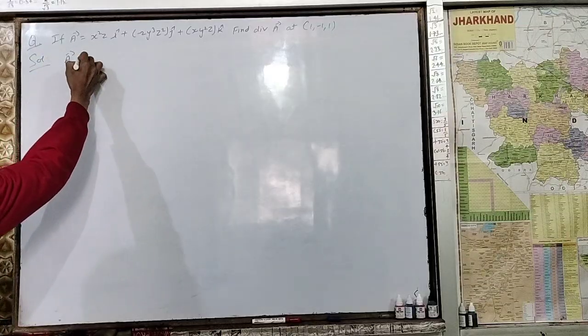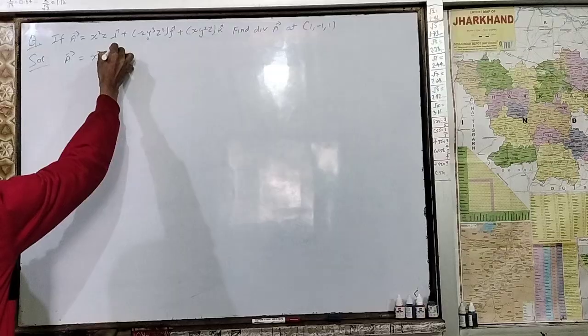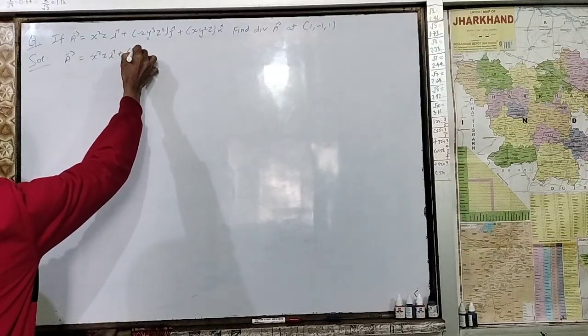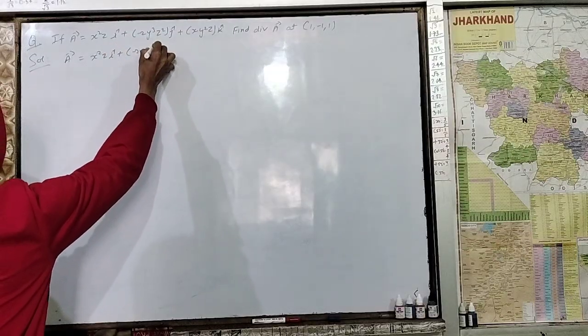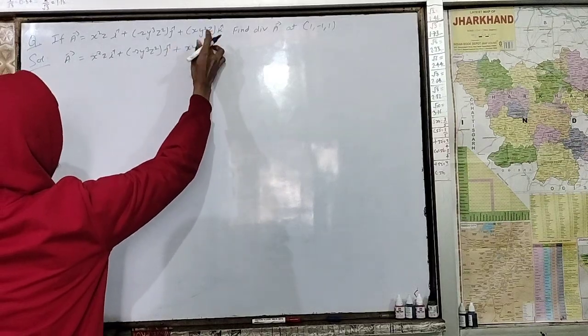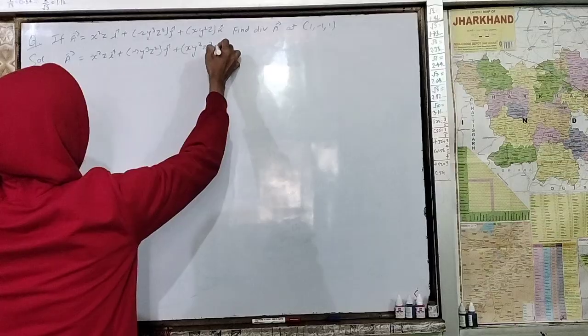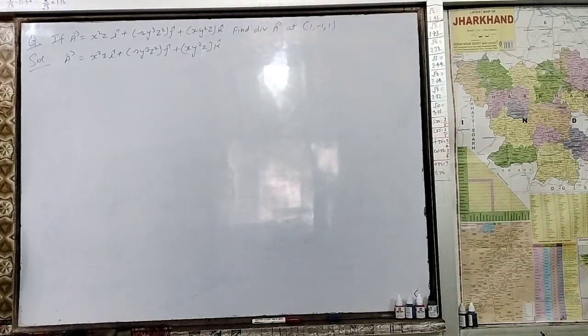A is given, which is x square z i cap plus minus 2 y cube z square j cap plus x y square z k cap, at this point.